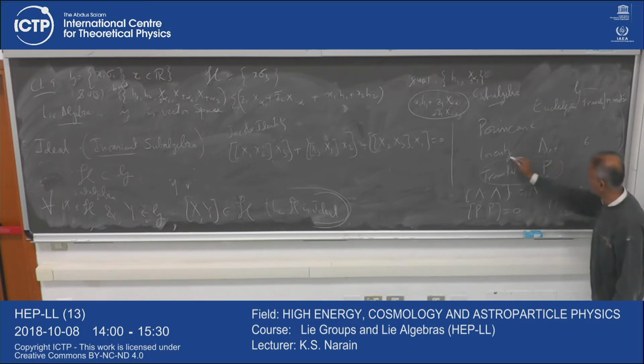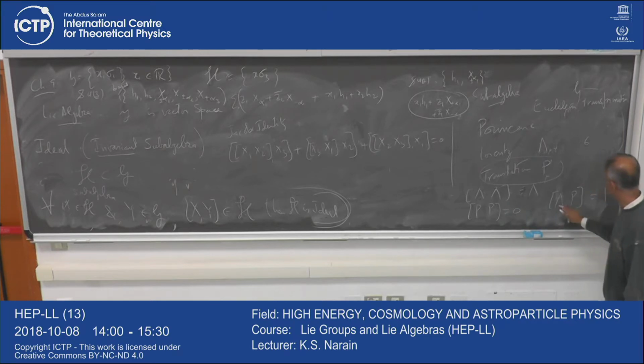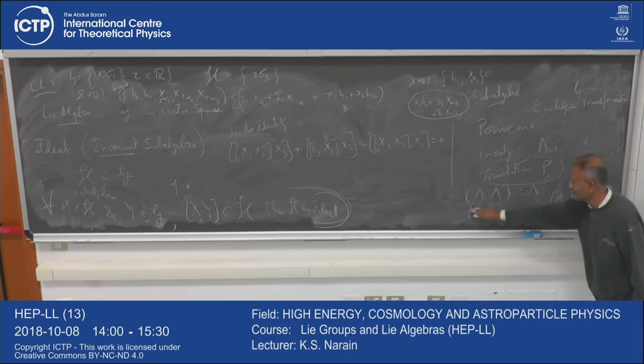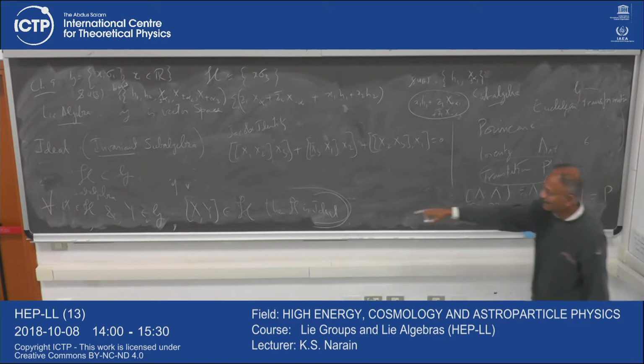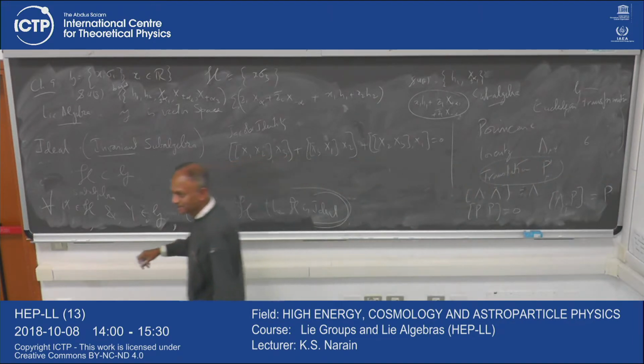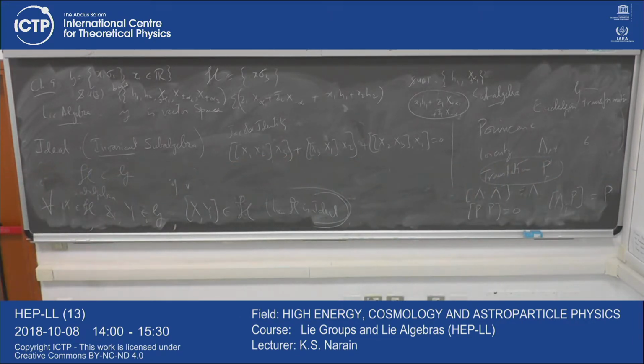First of all, this is certainly contained in the Poincare algebra, and P with P is 0. Okay, P with the lambda. So this is certainly a subalgebra. P with P is 0. But what is more important is that P with lambda is again P. But that's exactly the thing that we are saying, right? Take an element of H, take an element of G, the commutator is again in H. No?